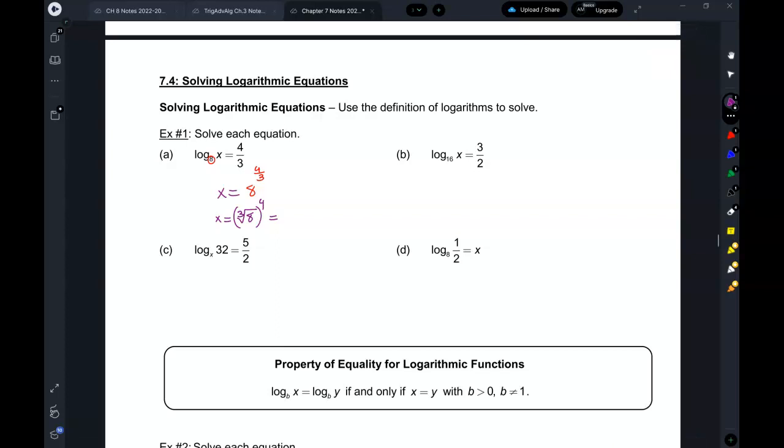So cube root of 8 is 2, to the power of 4, 16. Okay, so here, x equals base to the power of the exponent 3/2. So x is the square root of 16 cubed. Square root of 16 is 4, cubed is 64.